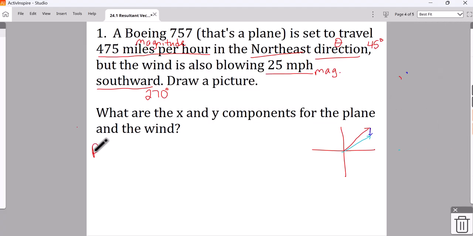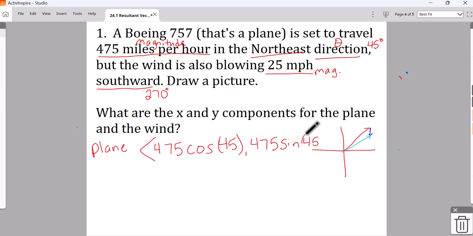So first things first, let's do the plane. We've been given magnitude and direction, and so my magnitude is 475 times cosine of my direction, which we said was 45 degrees, and 475 times sine of 45 degrees.